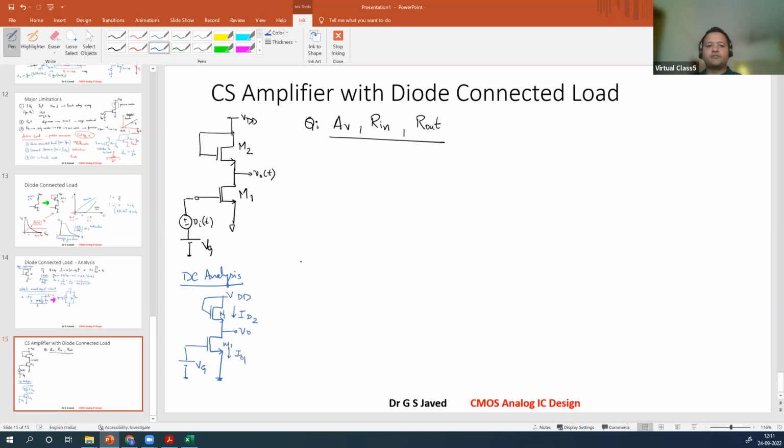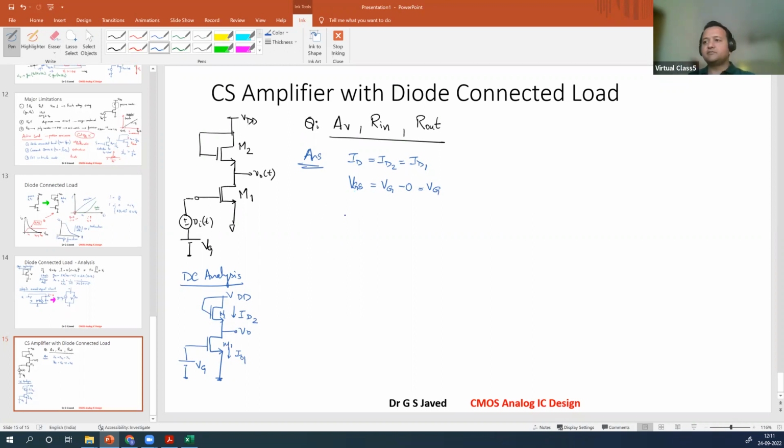So this is a notation. Note that ID equal to ID2 equal to ID1. Okay. And what is VGS? VG minus 0. So this is VG. Done. We also know now what is VDS. Right?